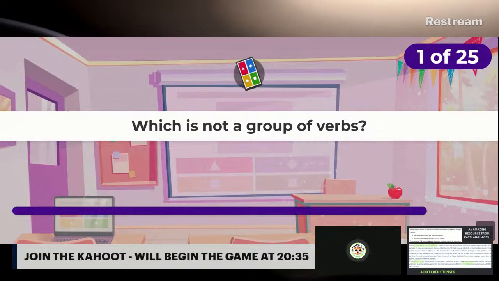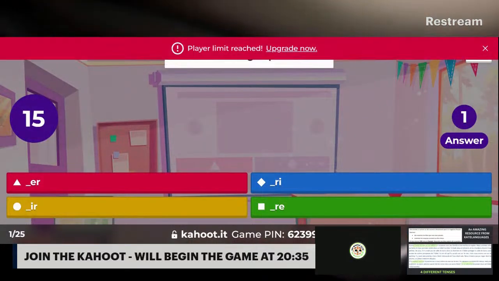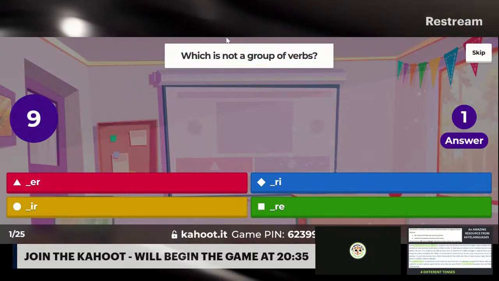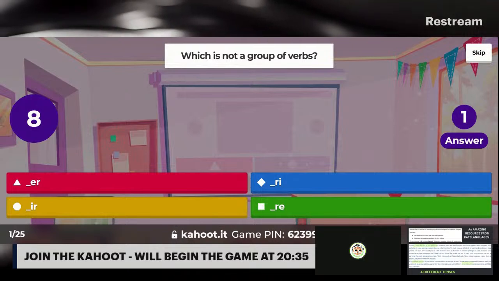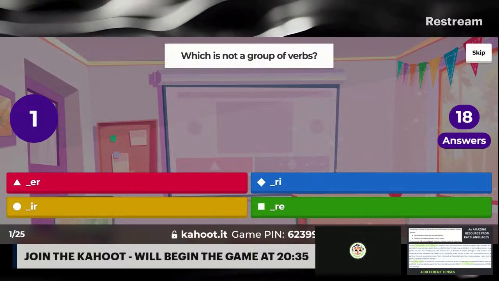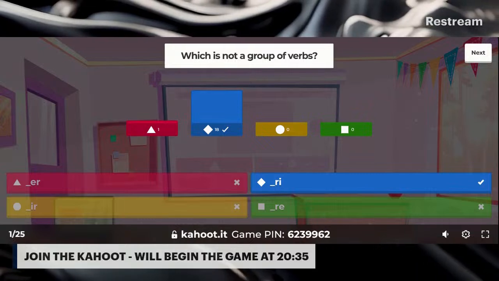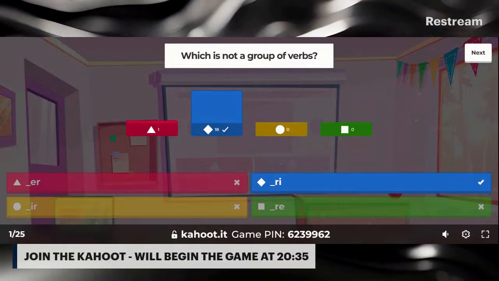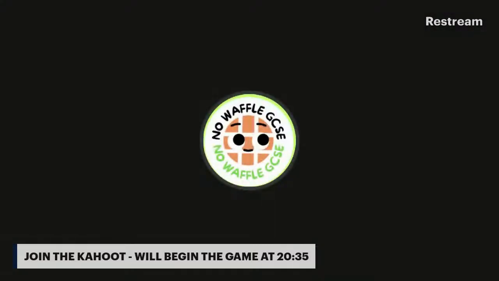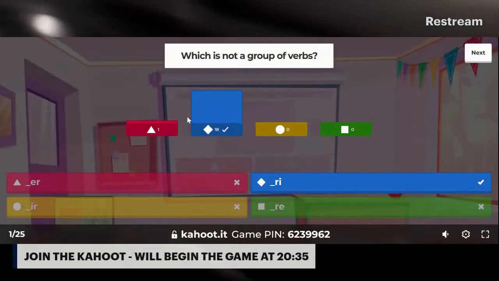Which is not a group of verbs? Okay, so 18 people got that right.